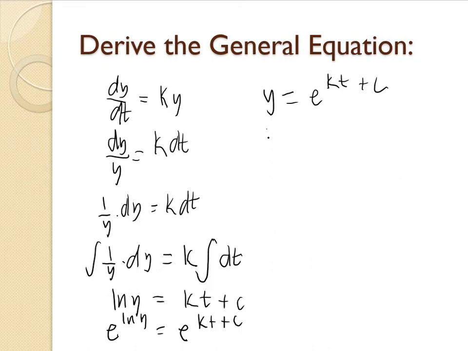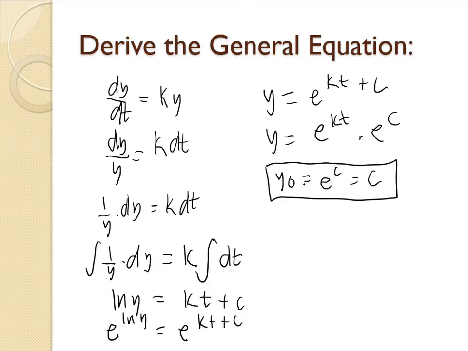This can be written as y is equal to e raised to kt times e raised to c by laws of exponent, di ba? And then furthermore, take note that y sub 0 is equal to e raised to c, or it is a constant.